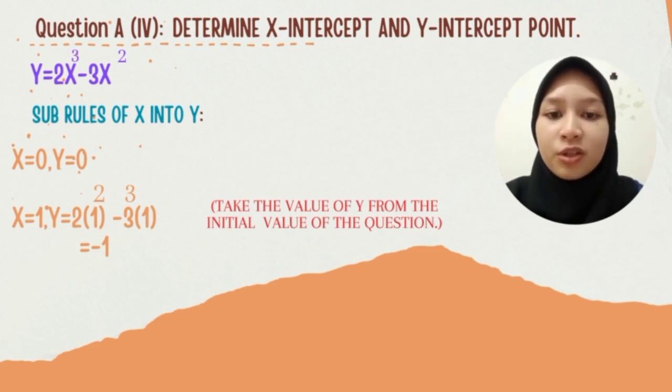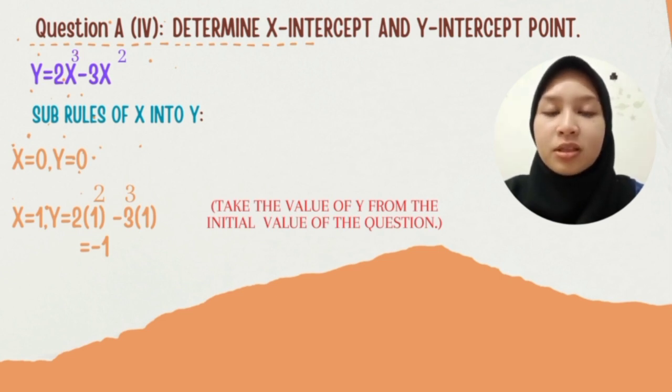We must use the equation y equals 2x to the power of 3 minus 3x to the power of 2. We must substitute the value of x into y. That means we must replace the answer of x into the equation of y.